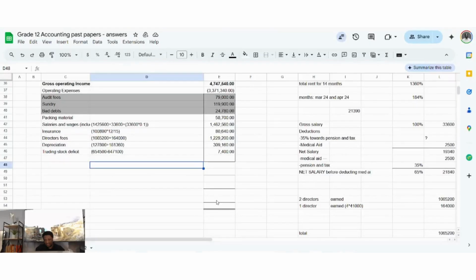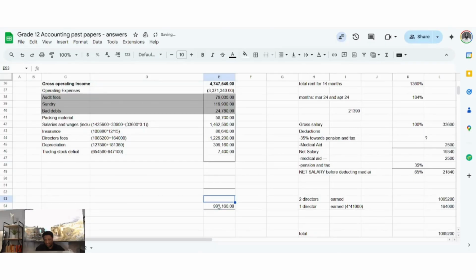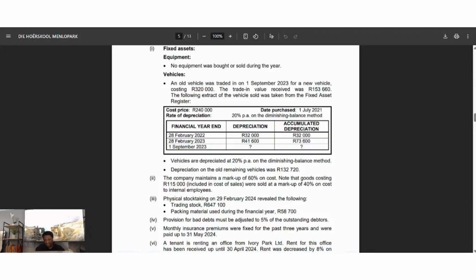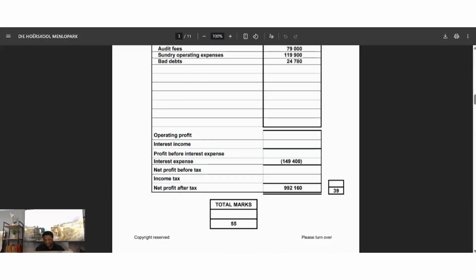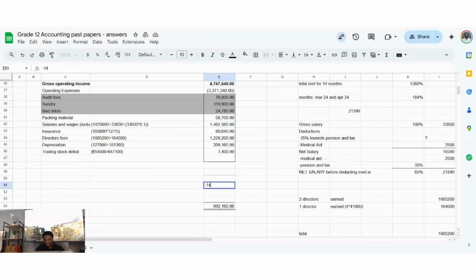So let me just put that information in right away. So 992,160. This is profit after tax, and the interest expense is 149,400. Okay, so that would mean then that we would have an operating profit, which would be gross operating income minus expenses.